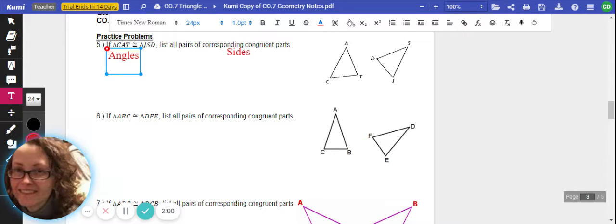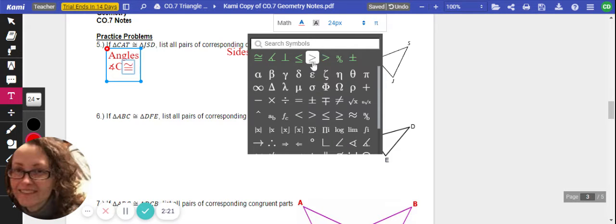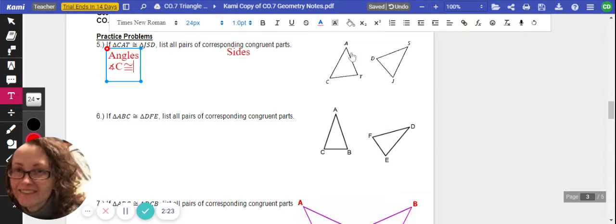So the angles are going to be represented by the letters here. So basically I'm going to say angle C is congruent to angle J. And that's it.